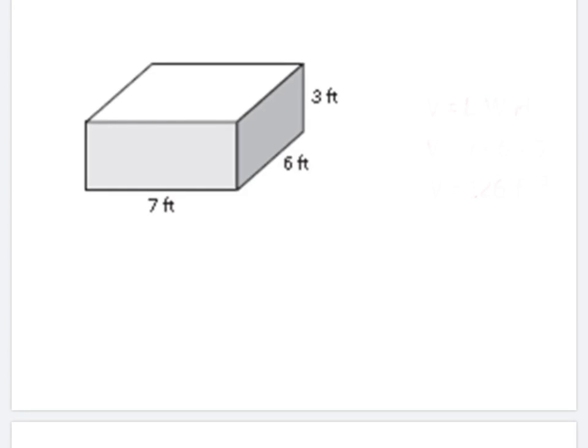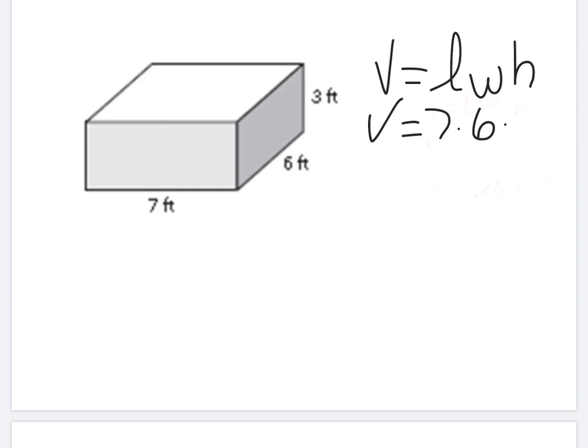For example, let's take a look at this rectangular prism. The rectangular prism has the same formula as the cube. So my formula would be volume equals length times width times height. From the picture, my length is 7, my width is 6, and my height is 3.